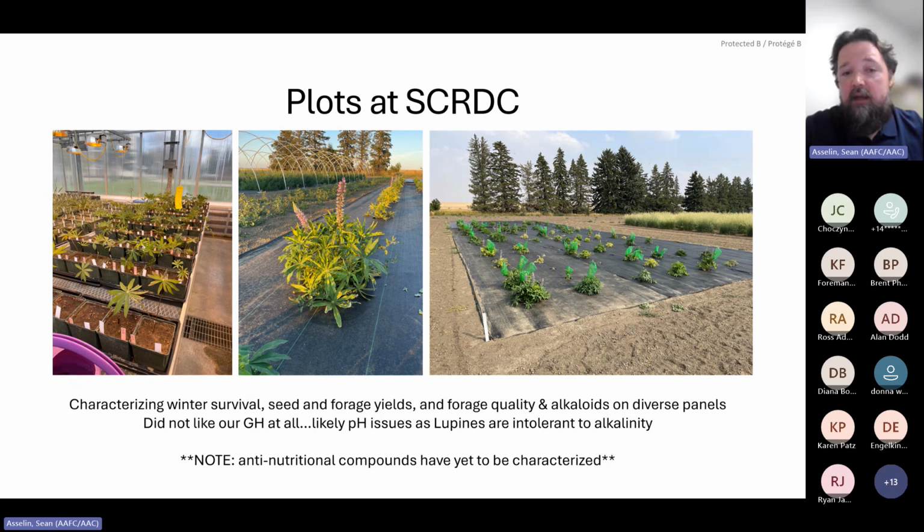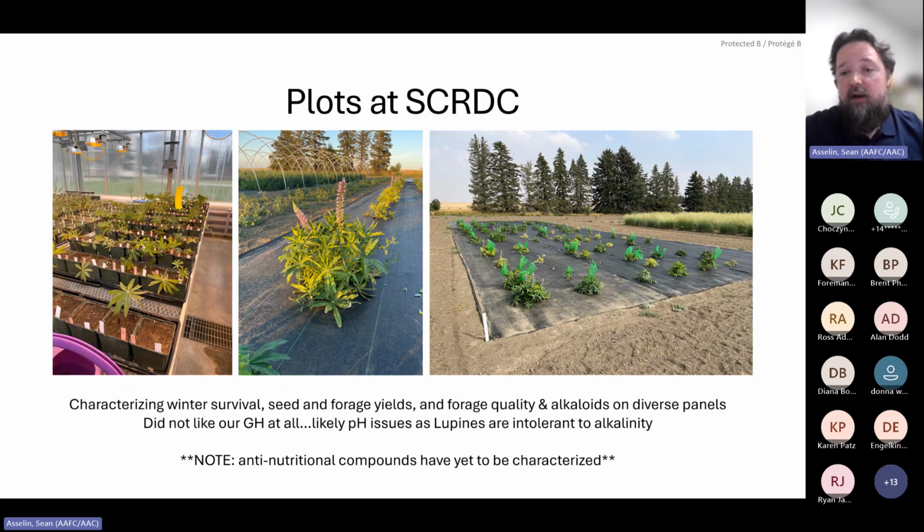And a number of sweet varieties of annual lupins have been developed in Australia as well as Europe. And the genetic control of the anti-nutritional compounds is well characterized. And we do have sources of sweet perennial lupines for Lupinus polyphyllus. But at this point, we're looking at just the adaptation of different lines of Lupinus polyphyllus in Swift Current.